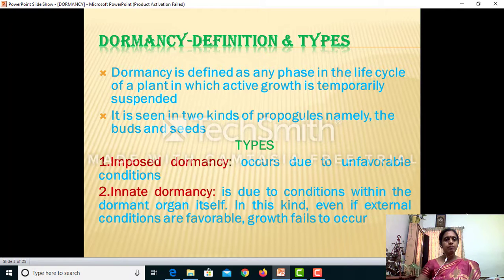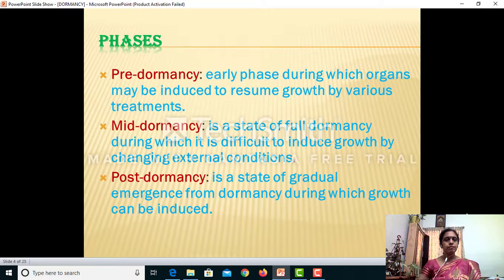Coming to the types, there are two types of dormancy, imposed dormancy and innate dormancy. Imposed dormancy occurs due to unfavorable conditions, and innate dormancy is due to the conditions within the dormant organ itself, that is innate or inbuilt in the system. In this kind, even if external conditions are favorable, growth will not occur.